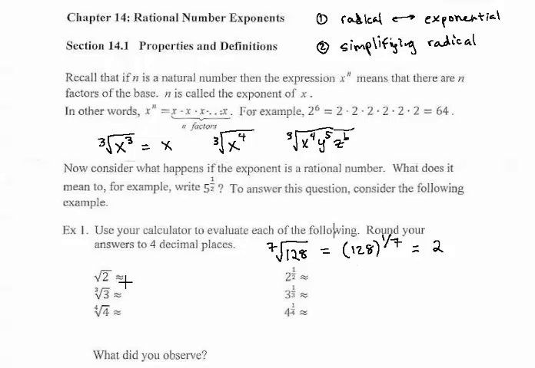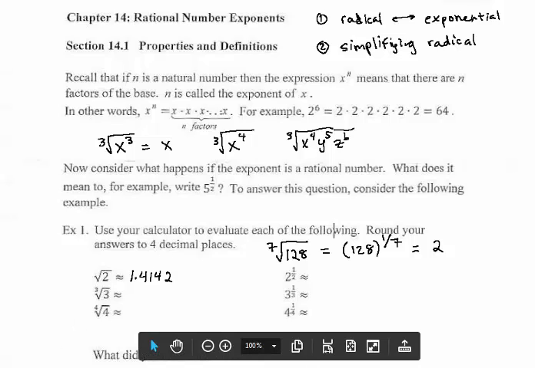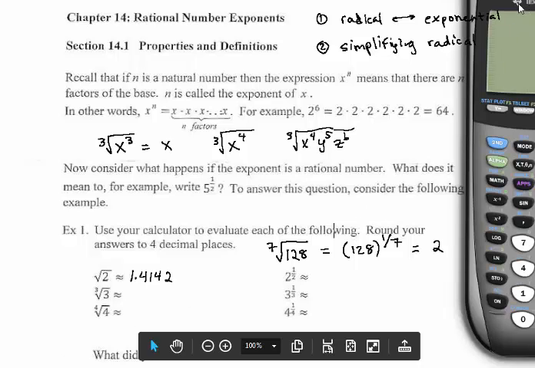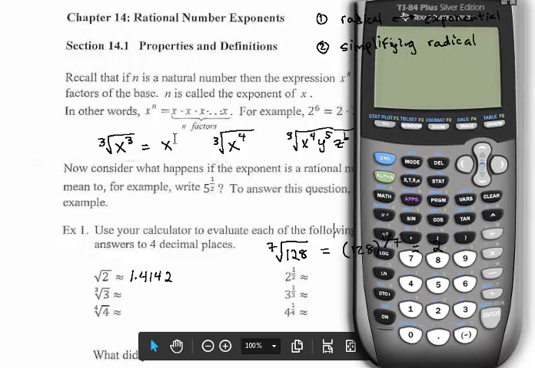Now, here with the square root of 2, this is an irrational number. It turns out to be about 1.4142, I think. Alright, and I have a calculator, so I'll just go ahead and pull that up, and we'll compare the results of these two expressions.